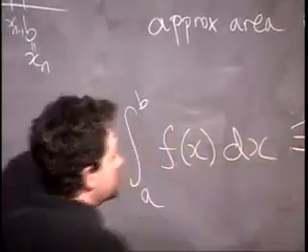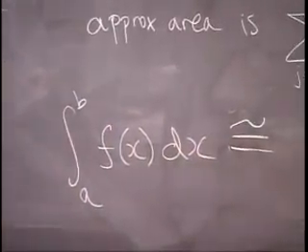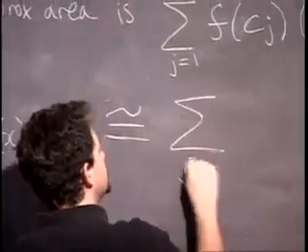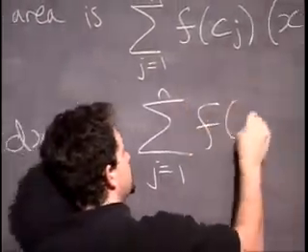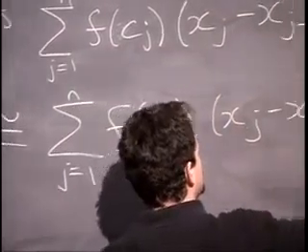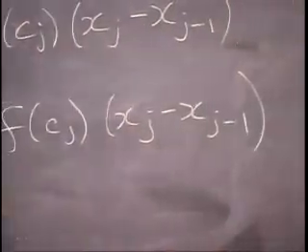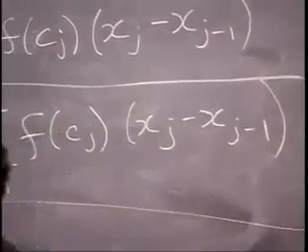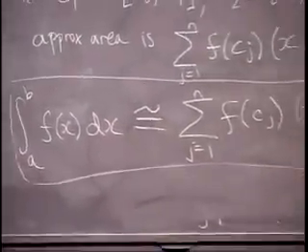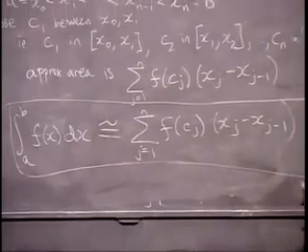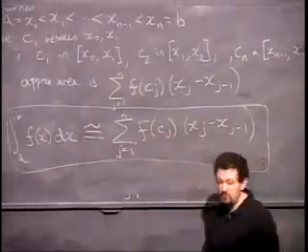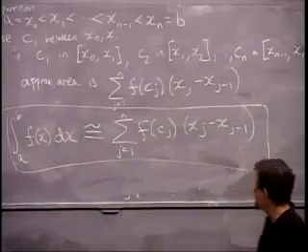The integral, which is that actual area, signed area, is approximately equal to the same sum that I just wrote. That is a good approximation, or it could be a good approximation. In fact, you would hope that when n is large, the more strips you take, the better the approximation.